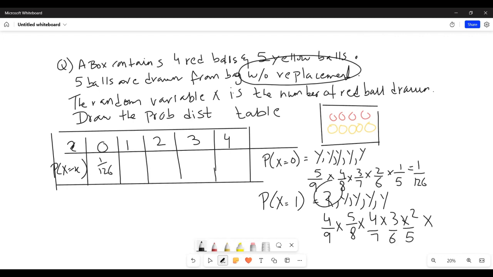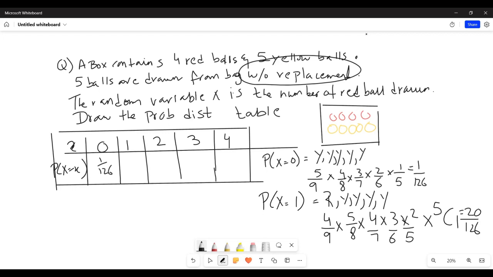And you multiply this with, this is one red spot, but then there are 5 possibilities for this red ball to be. So that's going to be 5C1, one red ball and 5 locations, so 5C1, which gives 10/63. In fact, if I do not simplify the denominator and keep it as 126, it's going to be 20/126.